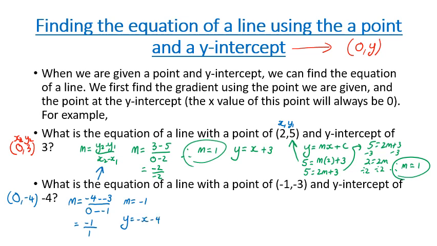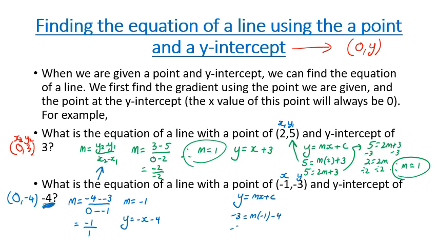But we can also do that by substituting our values in. So we've got y equals mx plus c. I'm going to put my values in that I know. I'm going to put -3 because that's my y value of the point they've given me, equals m lots of -1 take 4, because -4 is the c value that they've given me over here.